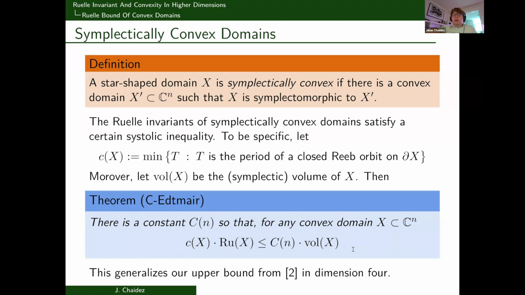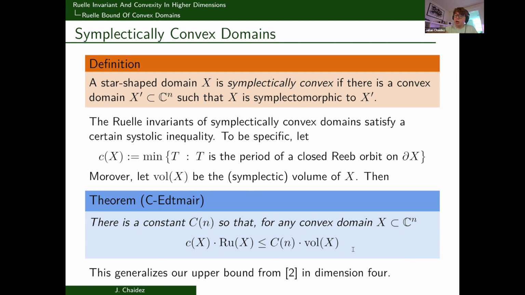Okay, and it's known that symplectically convex domains have lots of special properties, and there are lots of interesting conjectures about them, like the Viterbo conjecture. The second main theorem of the paper is that the Ruelle invariant of symplectically convex domains satisfies a certain systolic inequality. Specifically, let little c of X denote the minimum period of a closed Reeb orbit on the boundary.